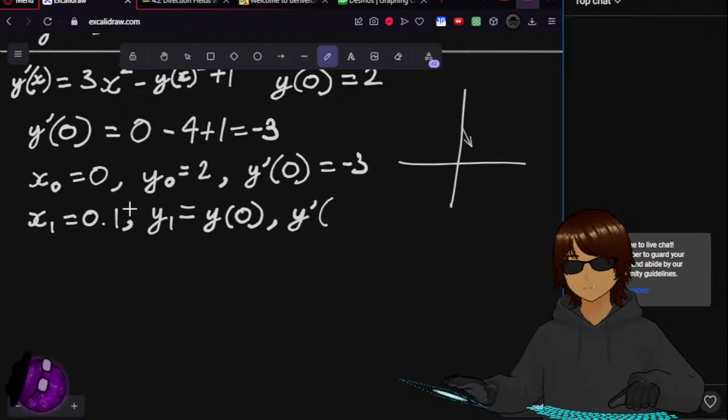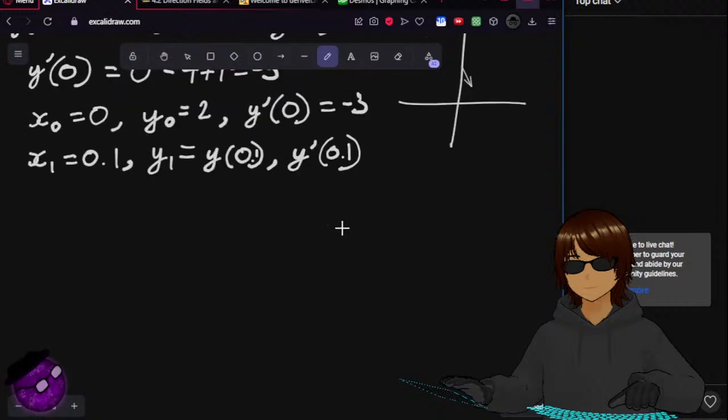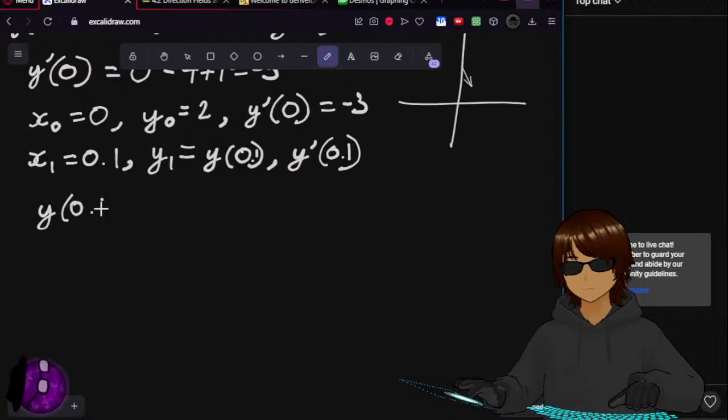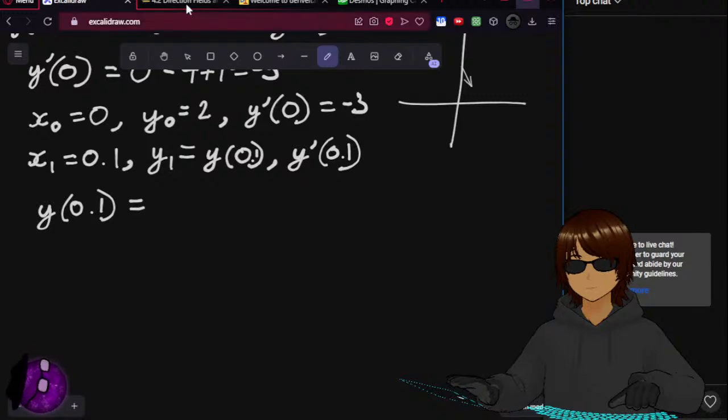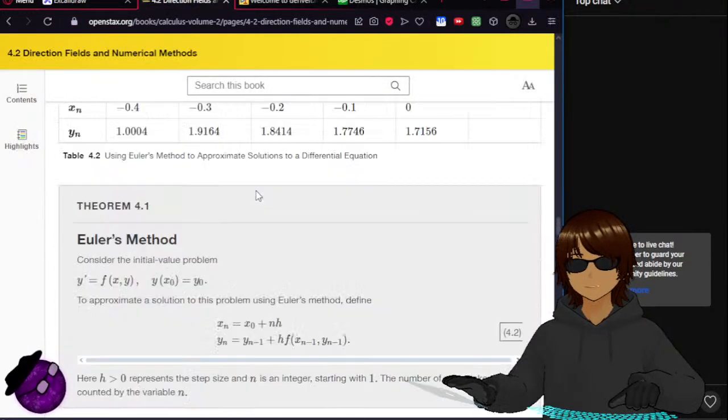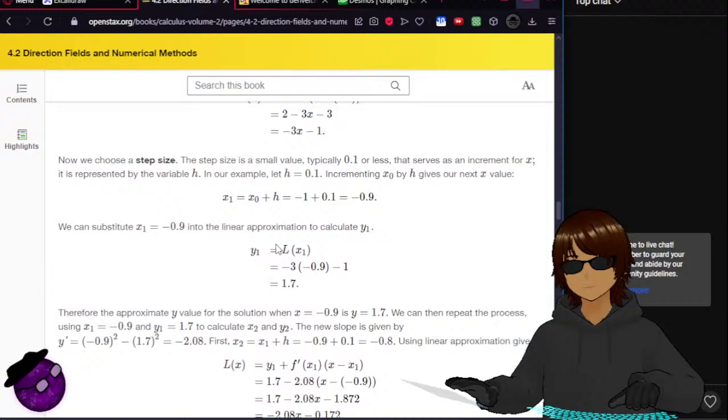And then the derivative is 0.1. How do you do the linear approximation?